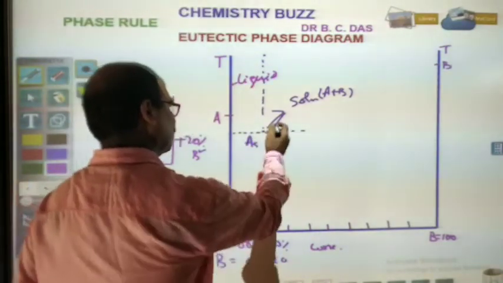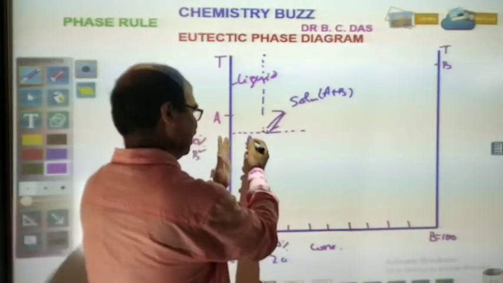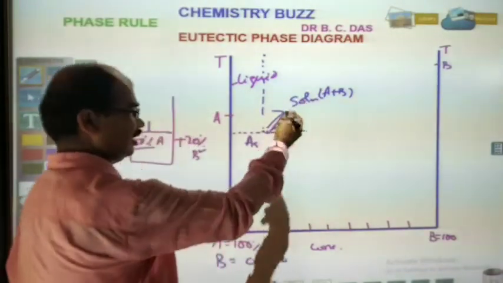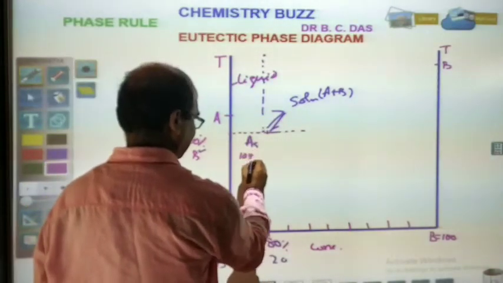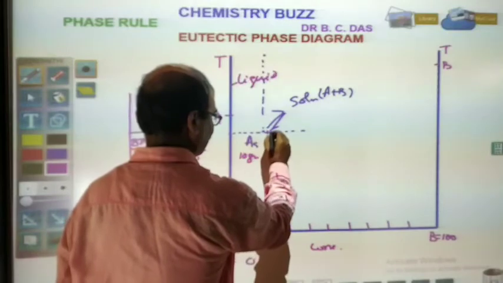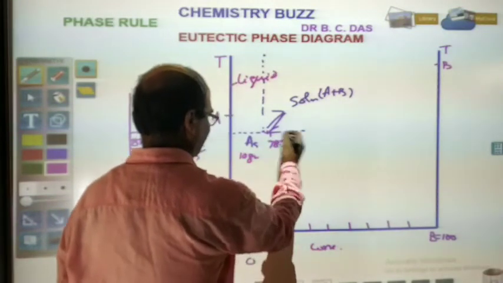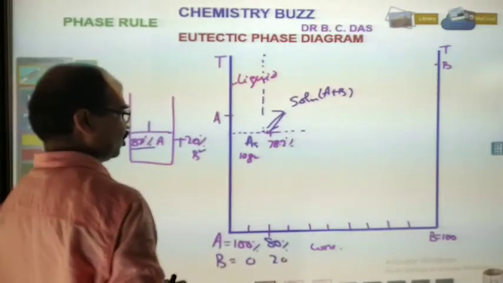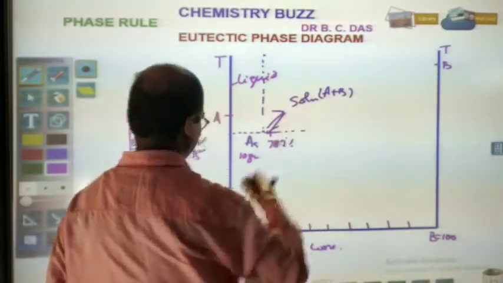That means 10 gram of A separates, and this corresponds to the 78.2% A composition, with the solution and solid in equilibrium.